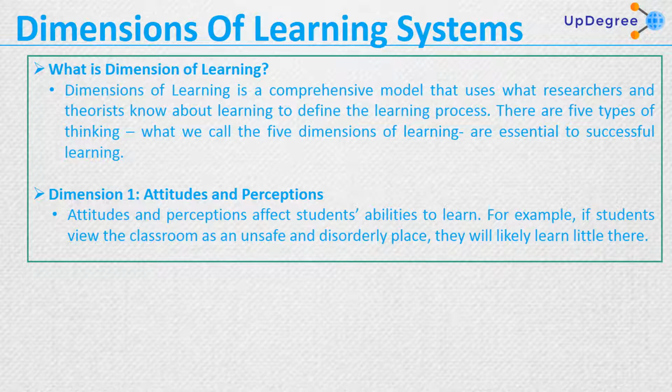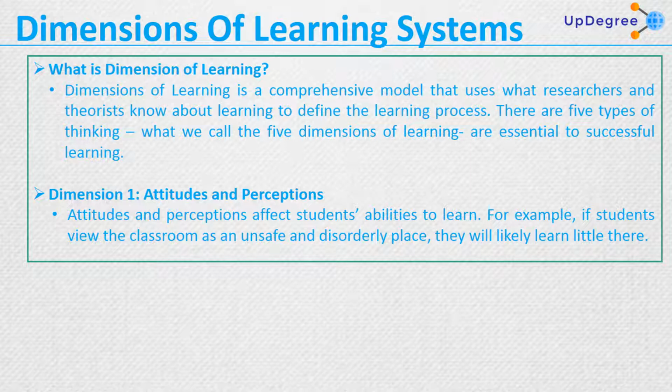Dimension 2, acquiring and integrating knowledge. Dimension 3, extending and refining knowledge. Dimension 4, using knowledge meaningfully. And dimension 5, productive habits of mind. So these are the five dimensions, and that is why we call it the five dimensions of learning system.